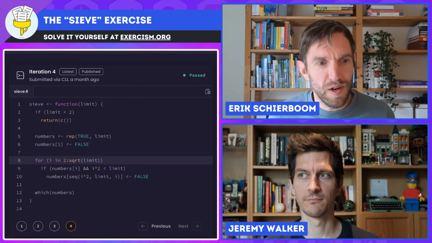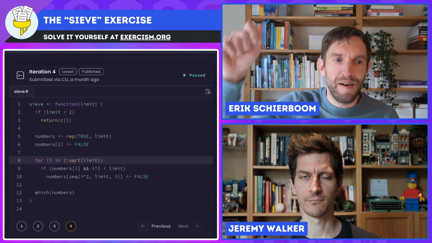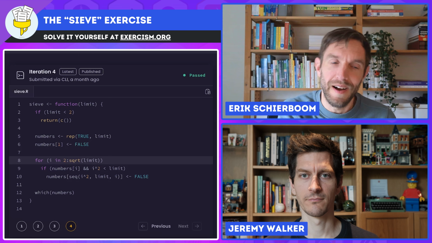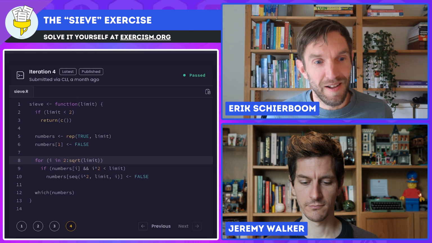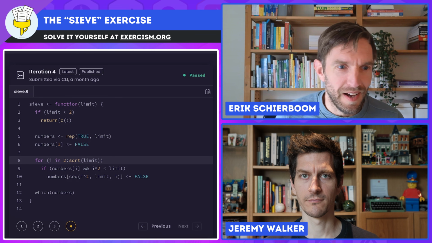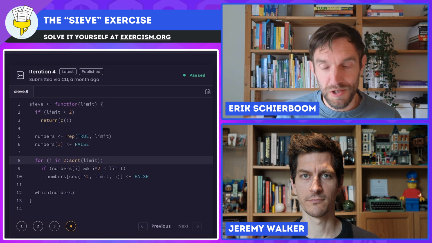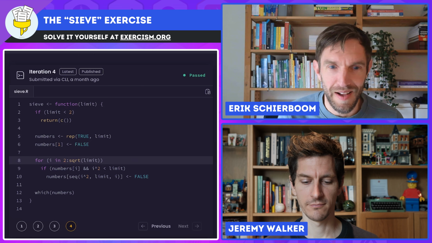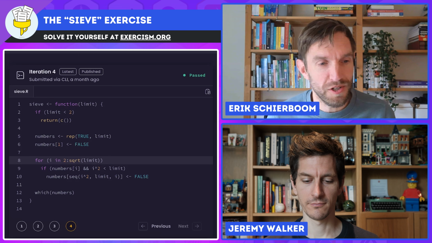So you don't have to worry about going past the square root, because any of the other values will have already been crossed off. And we're saving a lot here. If we had a limit of 25, we could stop at the square root, which is a lot less than what we were doing previously. You're saving a lot, and the bigger the number, the more you're saving.